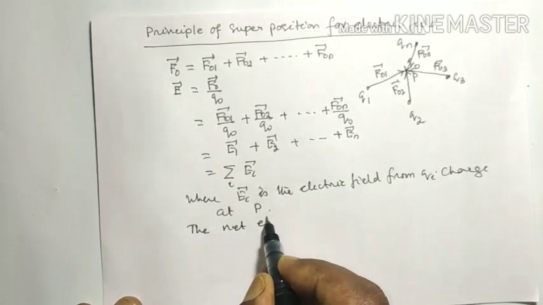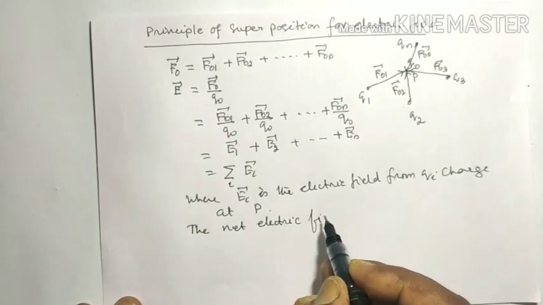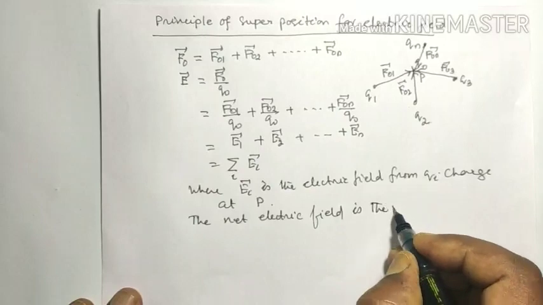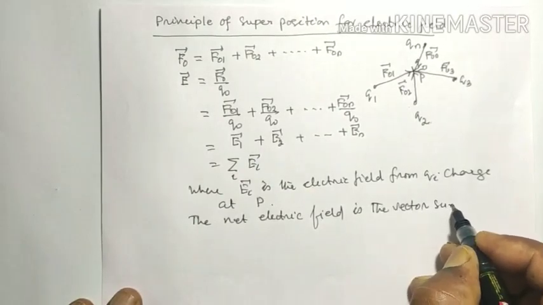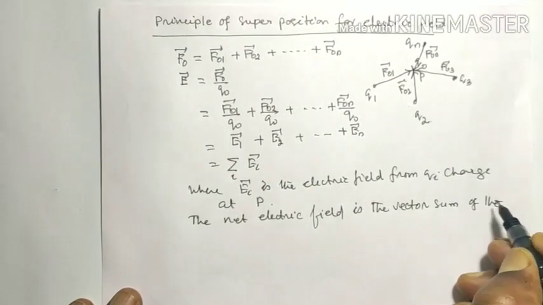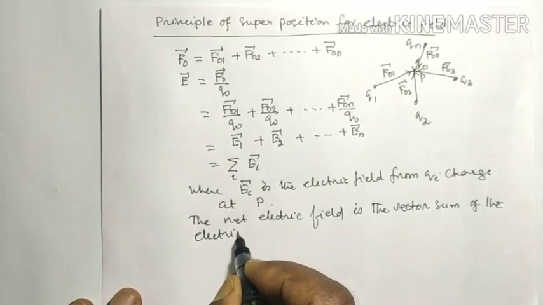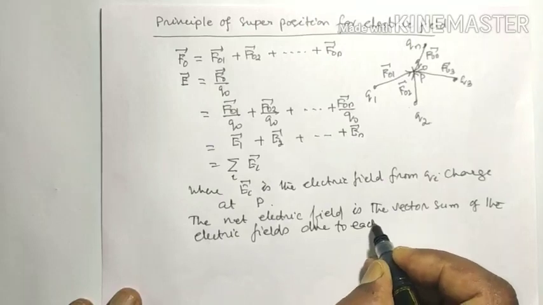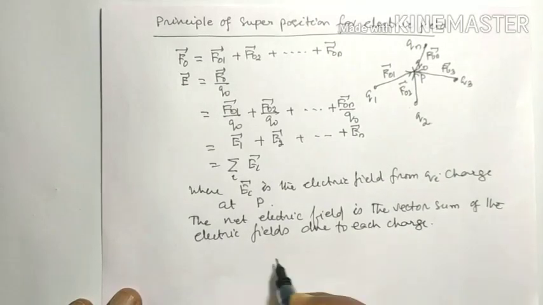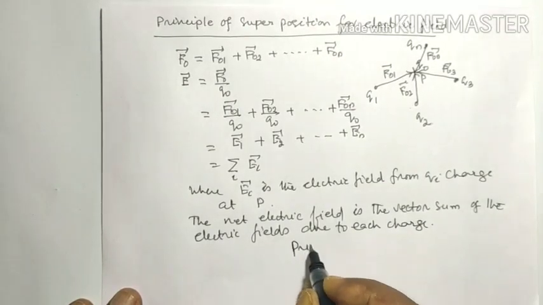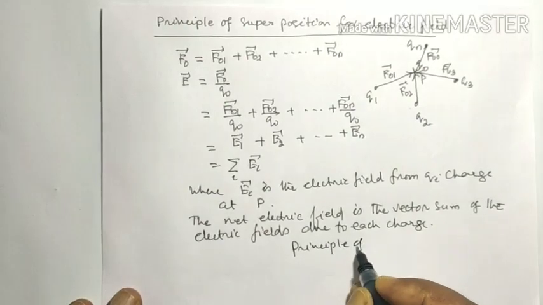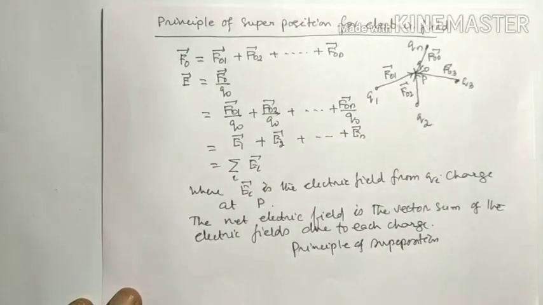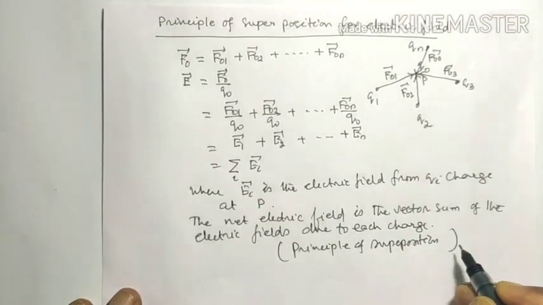The net electric field is the vector sum of the electric fields due to each charge. So electric field obeys the principle of superposition, like in the case of electrostatic forces.